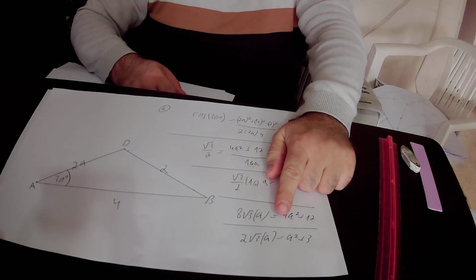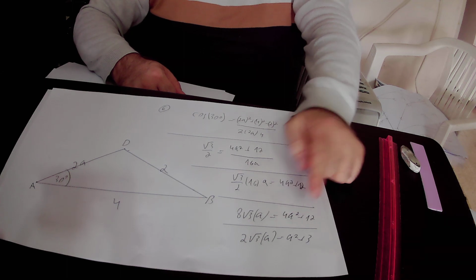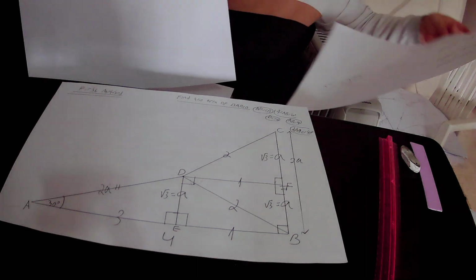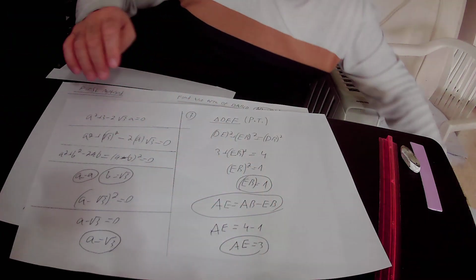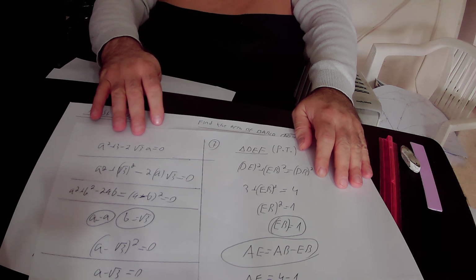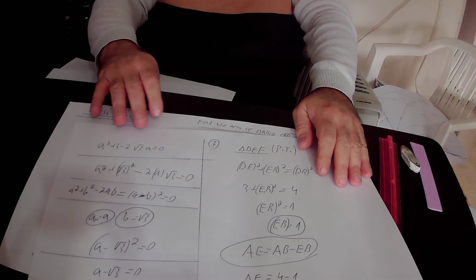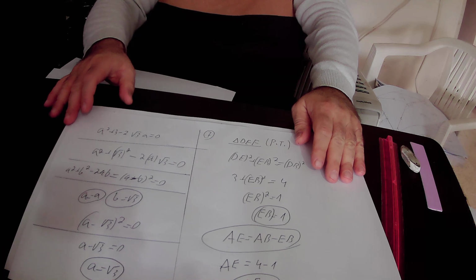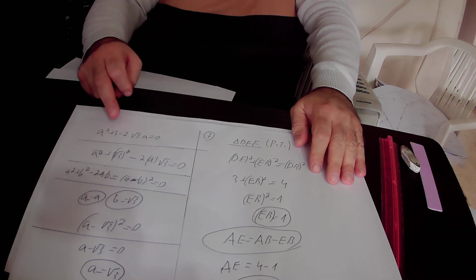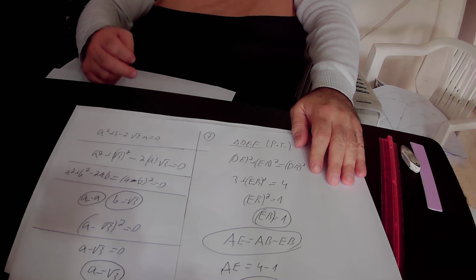We subtracted 2 times square root of 3 times a from this equation, and we got that a squared plus 3 minus 2 times square root of 3 times a equals 0. We substituted 3 by square root of 3 squared.